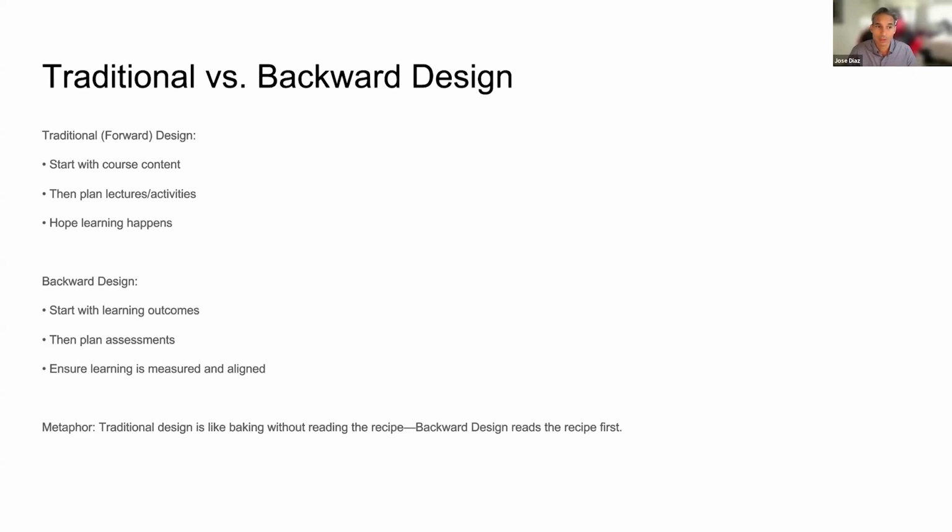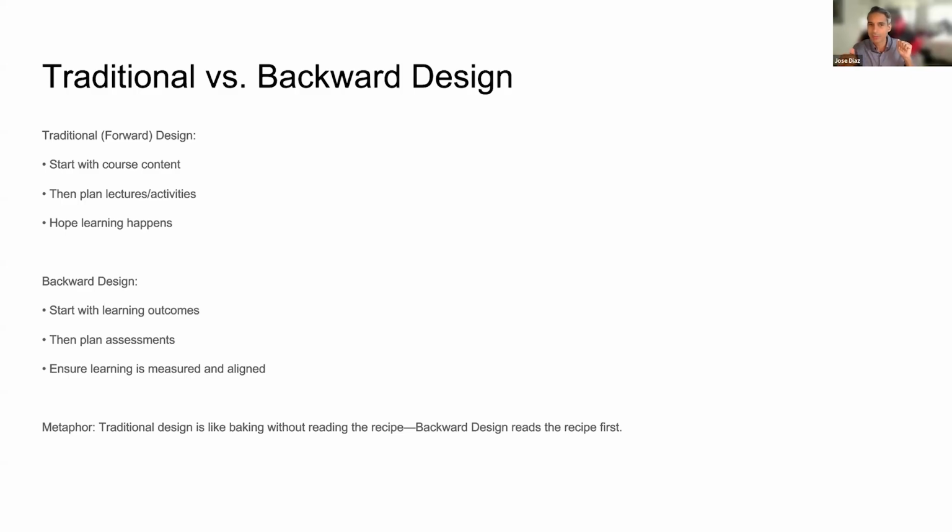In traditional or forward design, you always start with creating content, and you put in the course whatever content you think you will use, and you hope that learning happens. So you're hoping that whatever you throw at the board, like throwing darts, if it lands in the middle, then you did a good job.